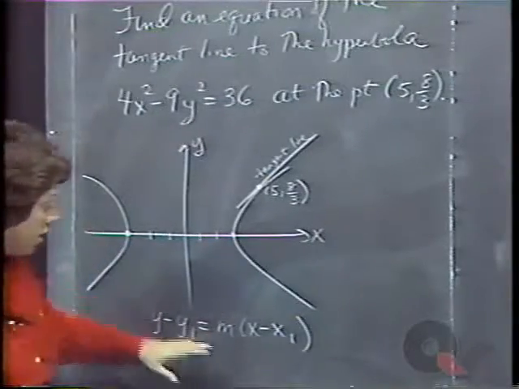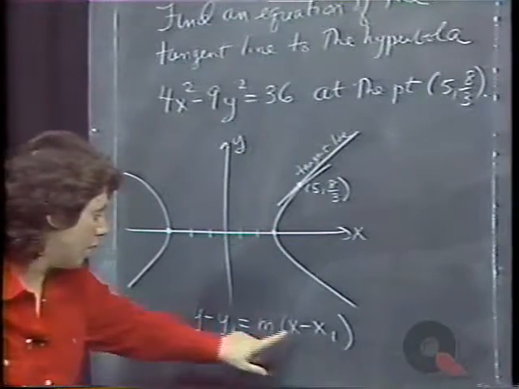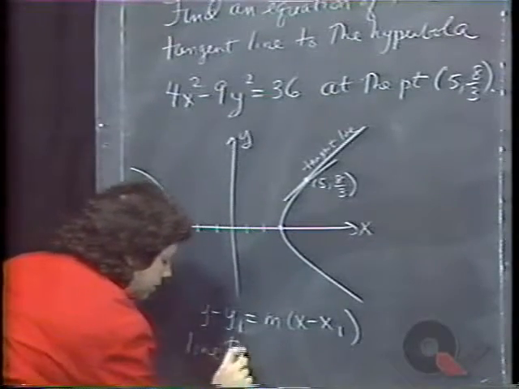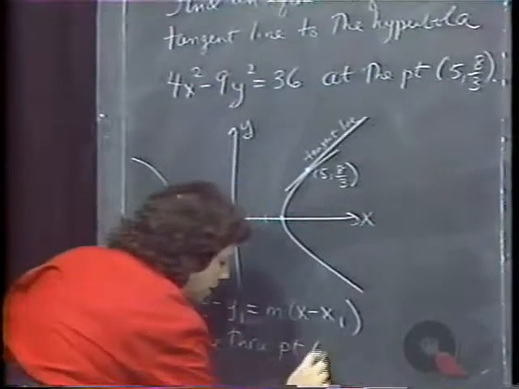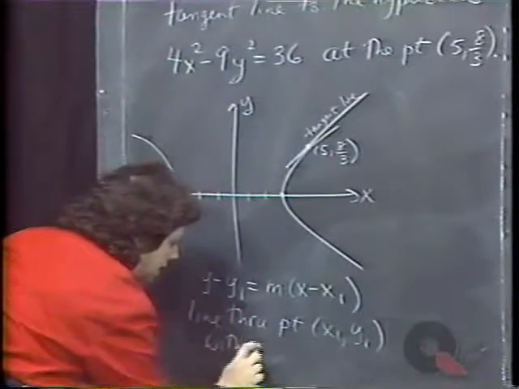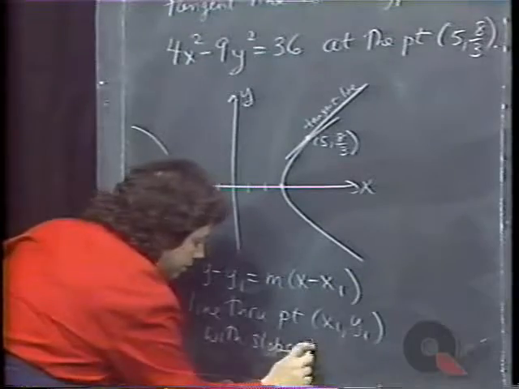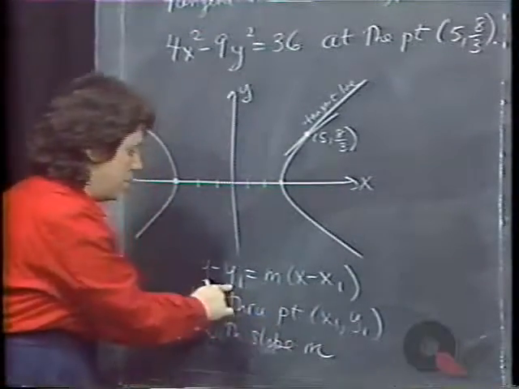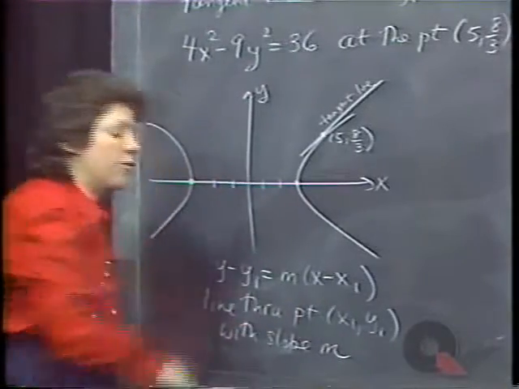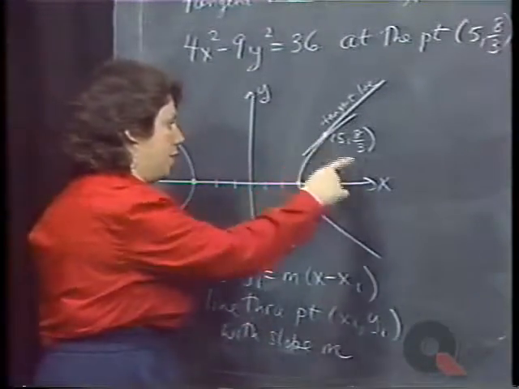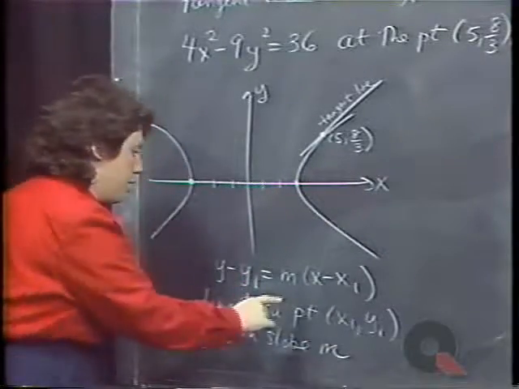This gives us an equation of a line through the point (x1, y1) with slope m. So if we could find a point on the line and the slope of the line, we could write the equation of the line. Okay, well, we have a point on the line, the point (5, 8/3).